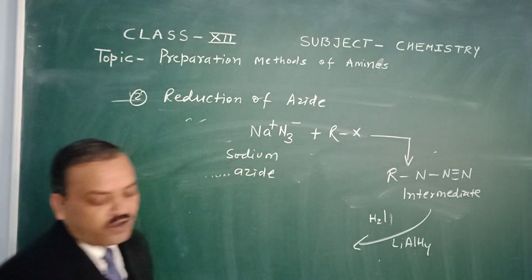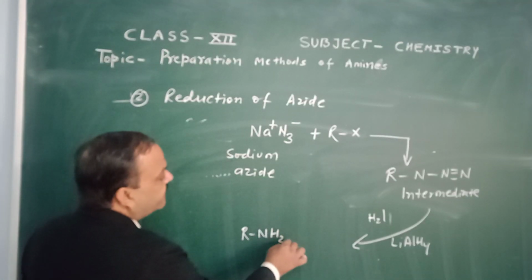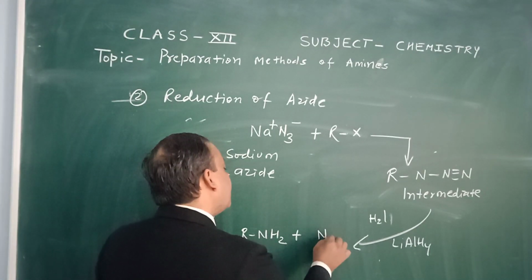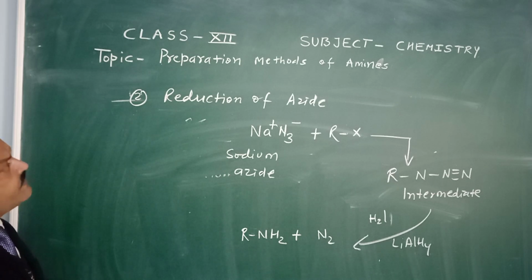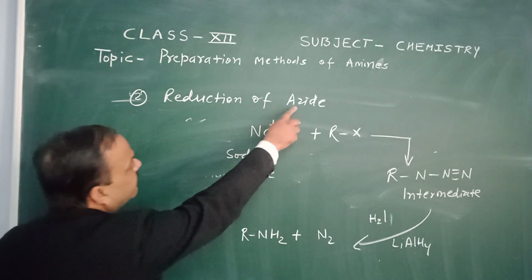Now we get the amine RNH2 in this case and nitrogen as the additional product. So this is the second method we use in the preparation of amines, the reduction of azides.